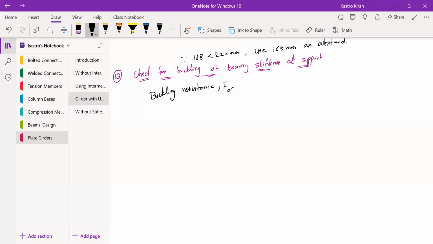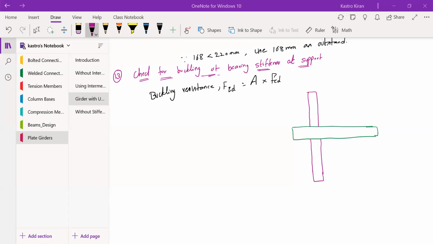These are the stiffeners you are providing. So the diagram goes in this way. You have the web portion, which is represented in green, and you also have the stiffener portions, which are represented in pink color.